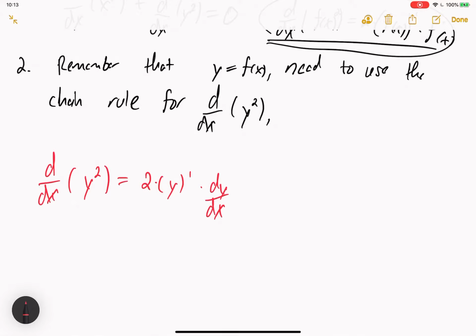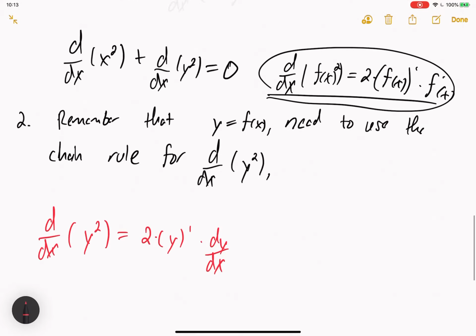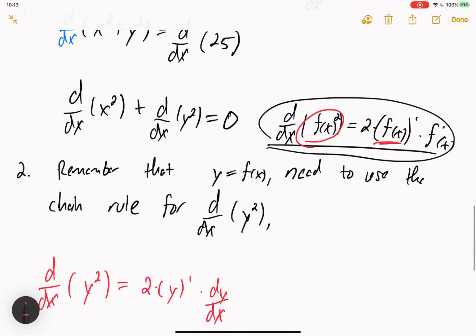So, you might be asking me, why did I take the derivative of y but treat it as x? It's kind of the same thing as what we did right here. Whenever you have something defined like this, you basically take a derivative where you treat this as a constant. If you remember what we did previously, u is equal to f of x.